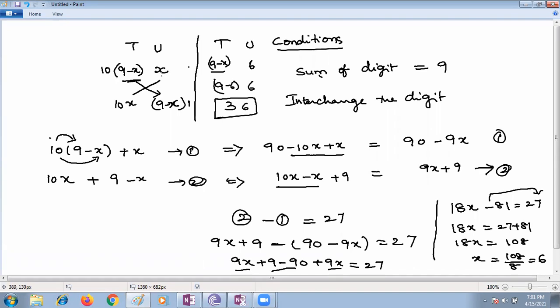Why? Because the sum of the digits should be equal to 9. That's why units place we are taking as x, and tens place we are taking as 9 minus x. Yes or no, my dear? Yes, ma'am. So 9 minus x means 9 minus 6, it is 3. Units place as usual x. That's why it is 36.